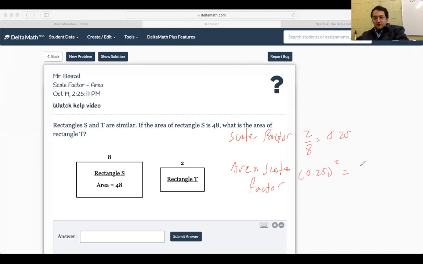So that's 0.0625. And then you could just do 48 times 0.0625. And you would get that your area is equal to 3.